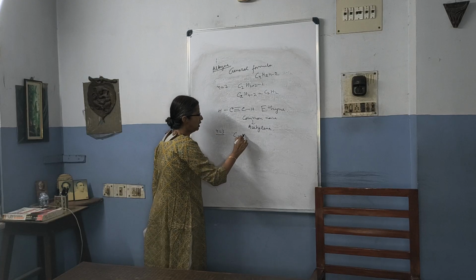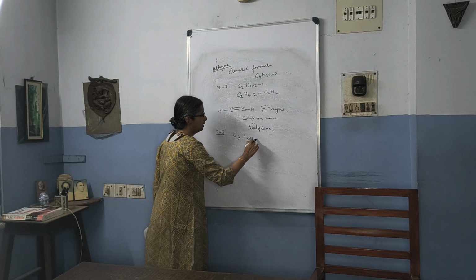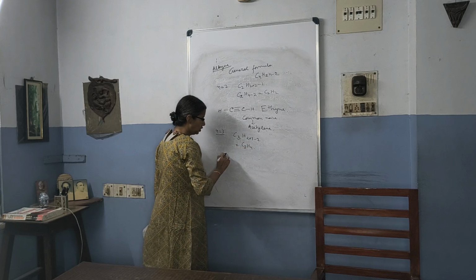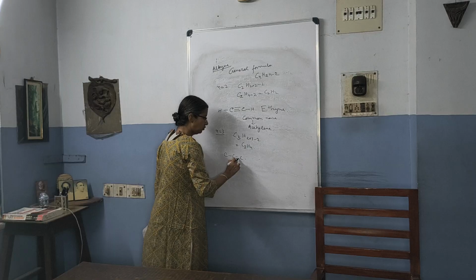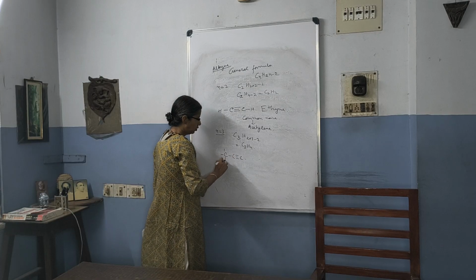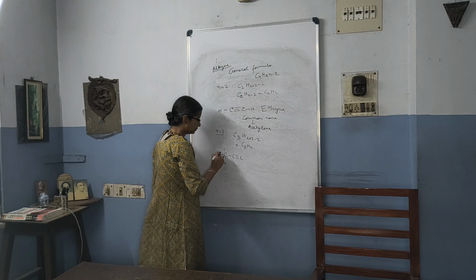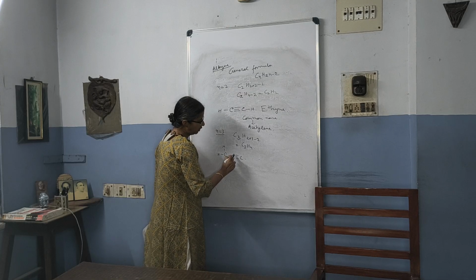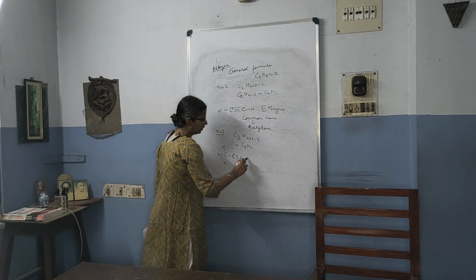Next we will move on to n is equal to 3. So C3H(2 into 3 minus 2), that is equal to C3H4. So we have 1, 2, 3. Then this carbon 1, 2, 3, 4, so it will not require any more hydrogen, but the final one requires.